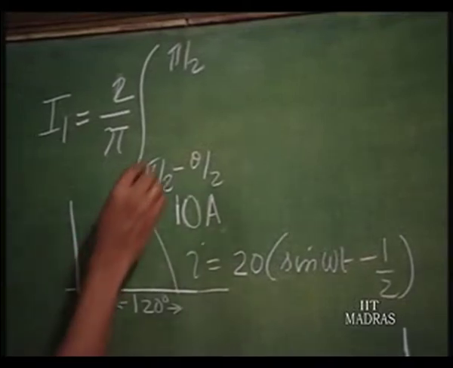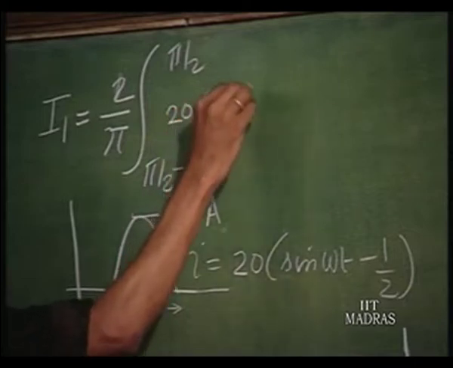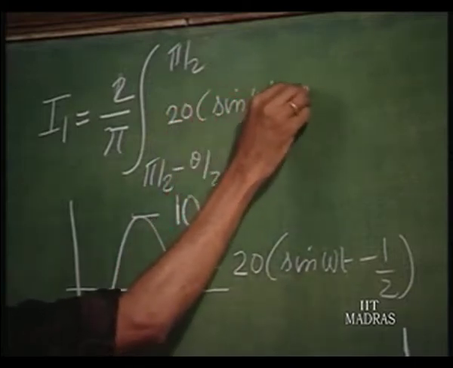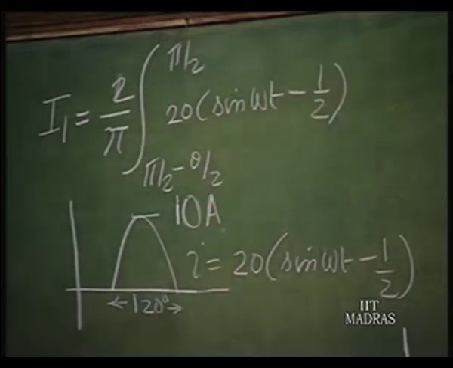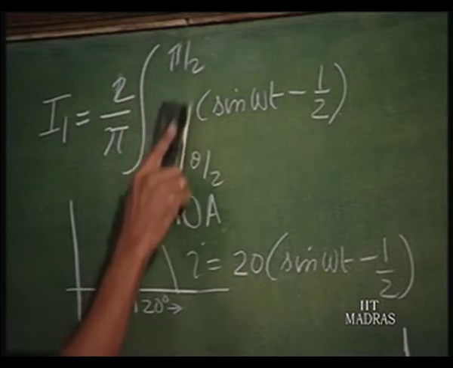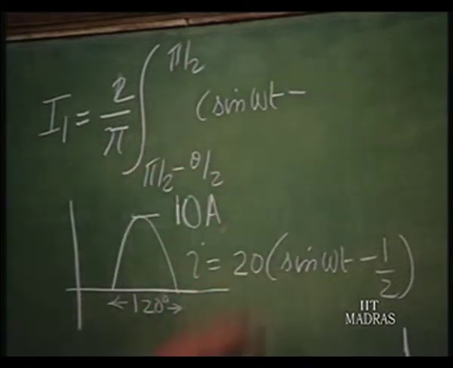So, 20 sin omega t minus half. We would rather retain this in the same general form so that we can use the same formula later also.